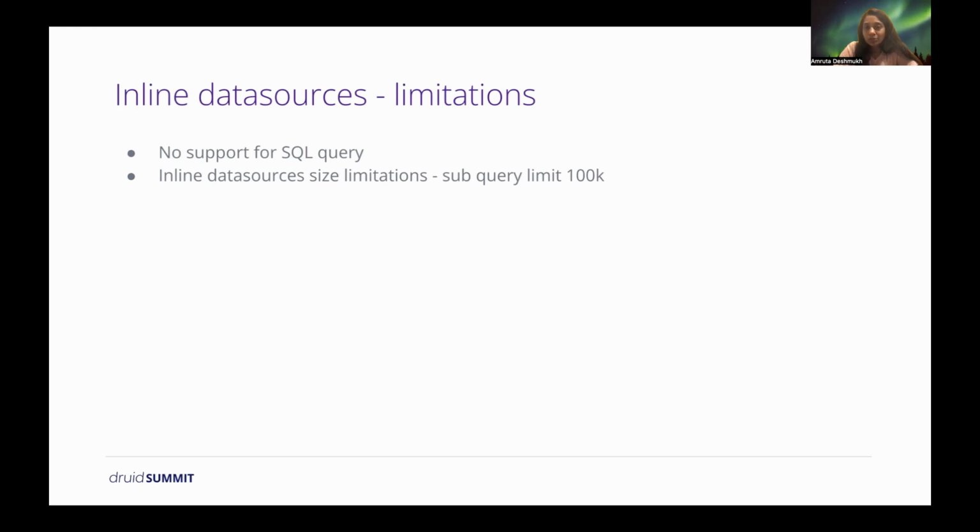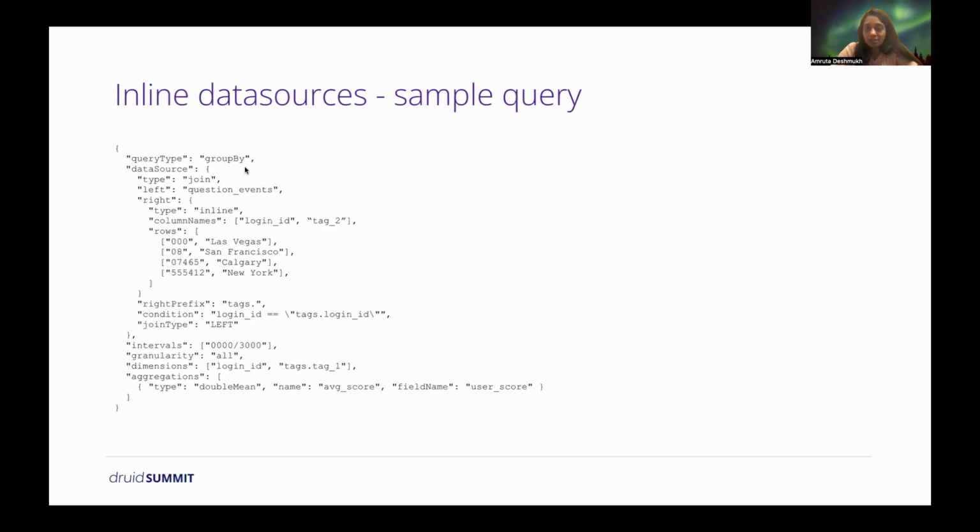Now, finally, let me show you an example of the final query with the inline data source. As you can see, this is a group by query where we are performing a join with an inline data source on a login ID type of BI tag, and it has just one tag added to it.